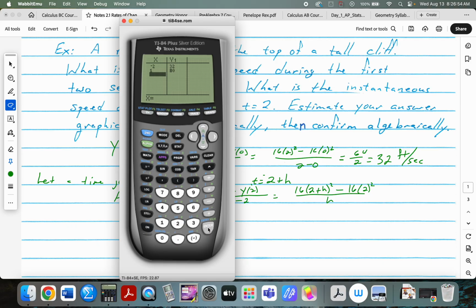That's a pretty good chunk of time for what we're looking at. What could I do to make this a better approximation for what we're going to get at 2? So this is the average from 2 to 3. What can I do to maybe get something closer to what's happening just at 2?